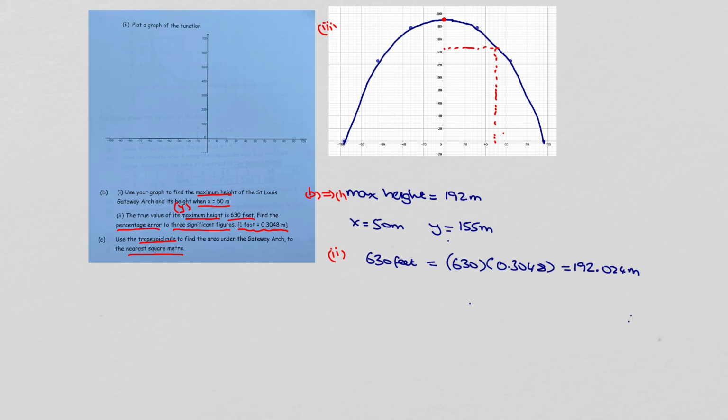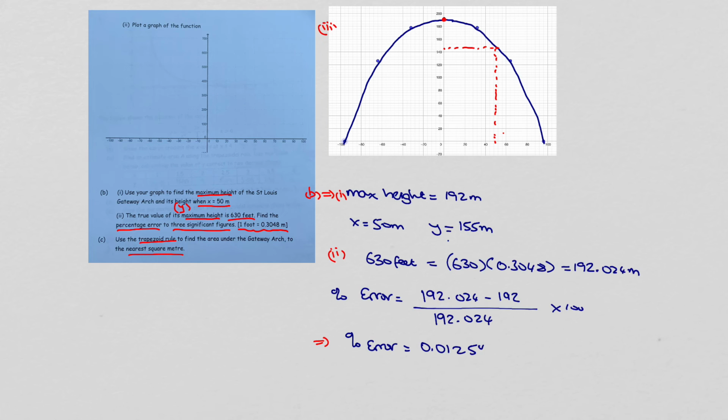So of course the percentage error is the difference between the true value and the calculated value. So our true value is 192.024 minus 192, divided by the true value, multiplied by 100 over 1. That gives us a percentage error of 0.0125%, correct to 3 significant figures.